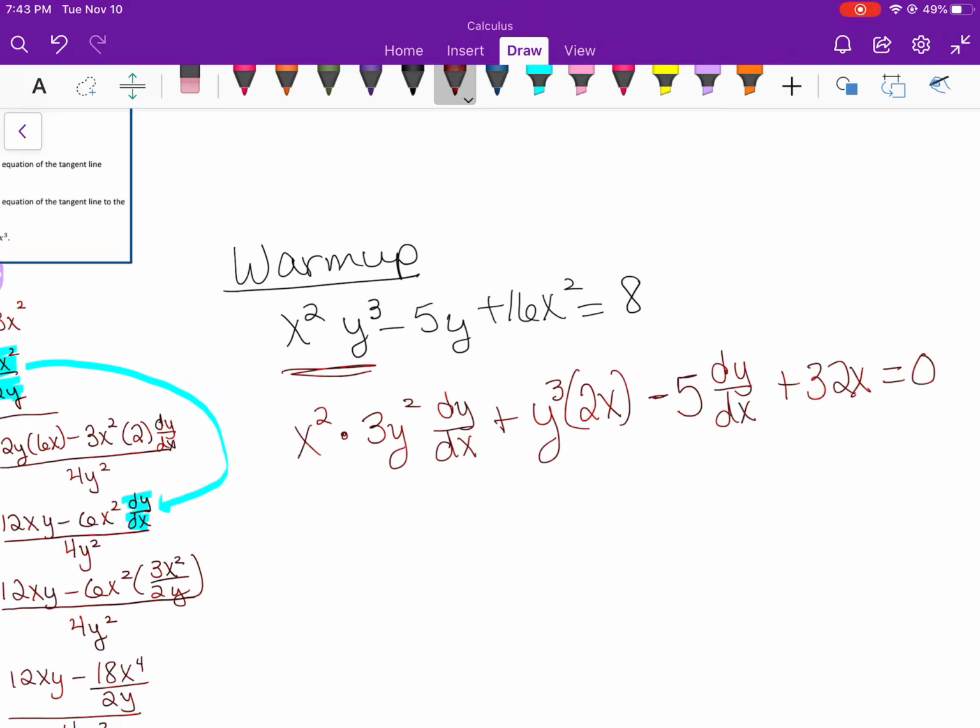And then I'm going to sort things and move things around and clean things up all at the same time. That would be a negative when I bring it over.